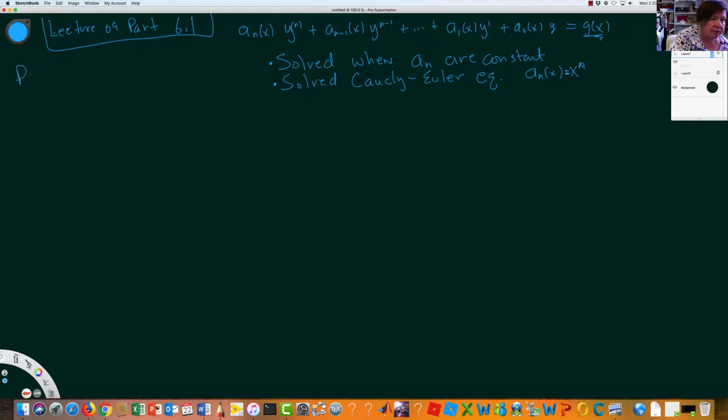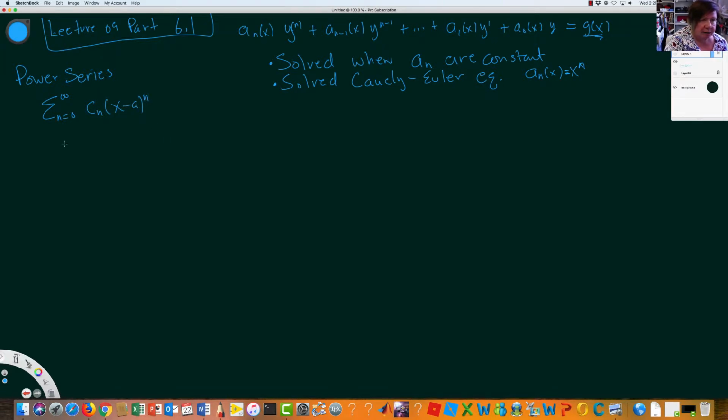A power series looks something like this. We have a sum from n equals 0 to infinity, to be general, of some coefficients c_n times (x minus a) to the n. That is a power series.